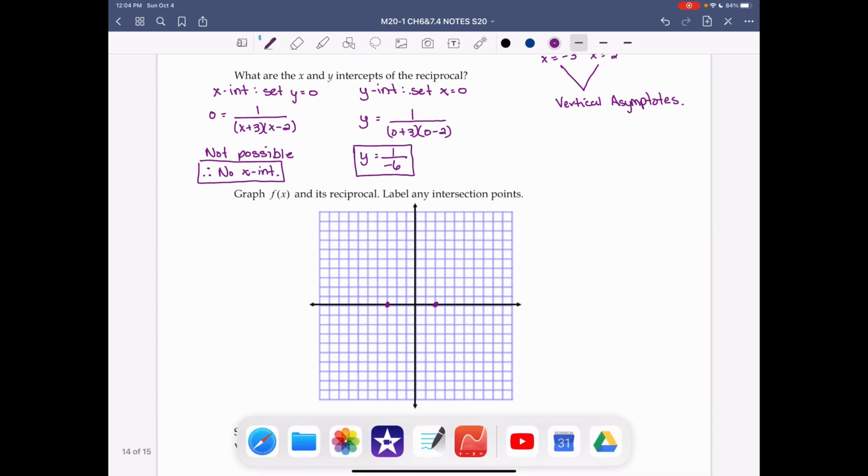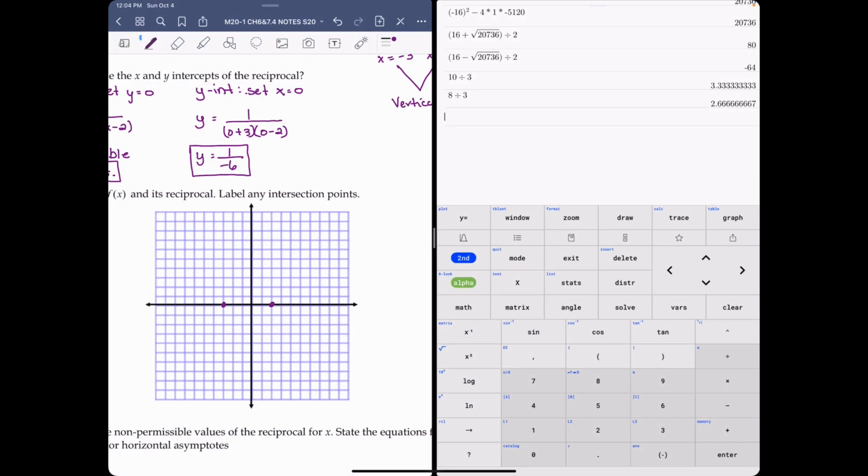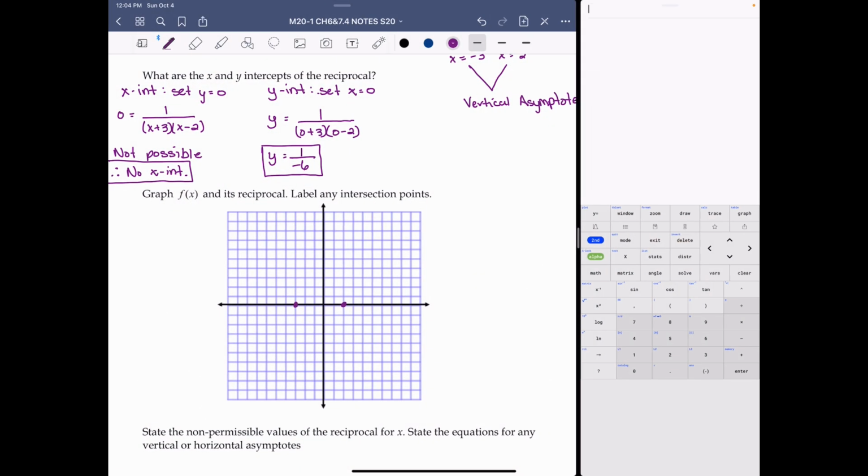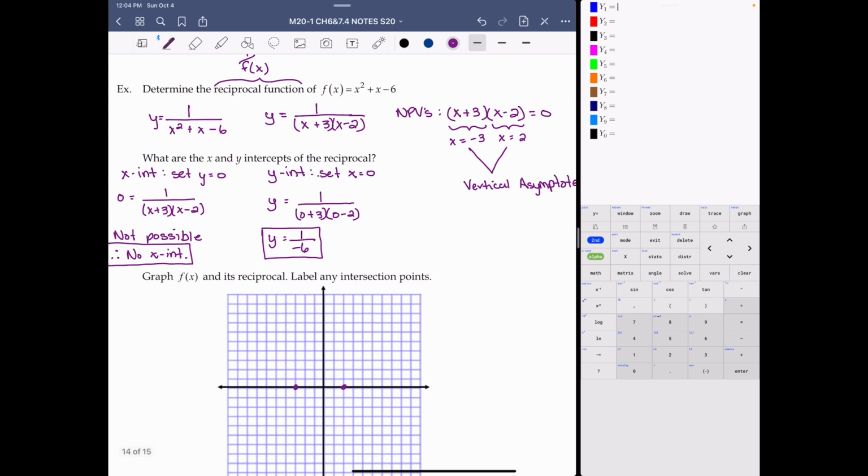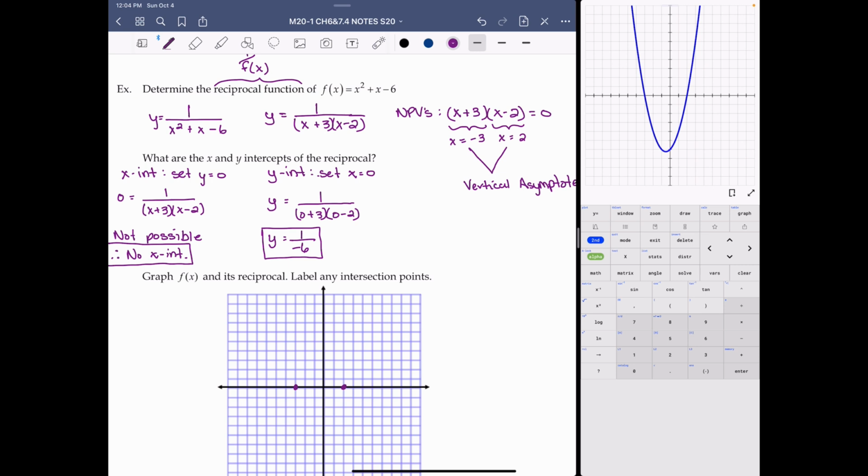We can use our graphing calculator. X squared plus x minus 6 graph. Here's what it looks like.